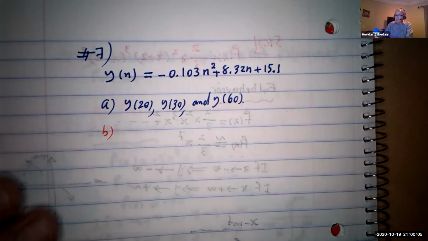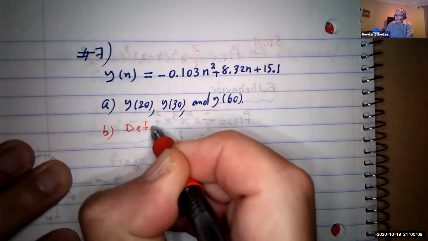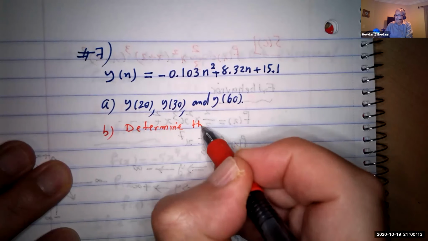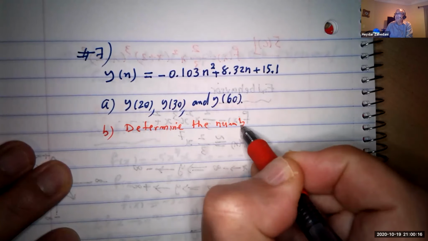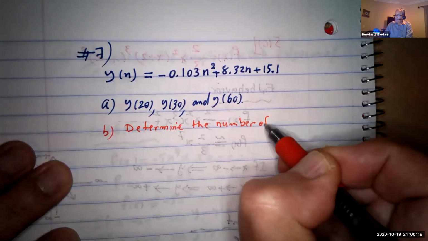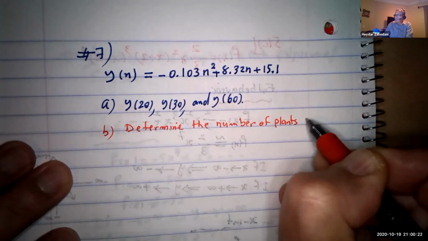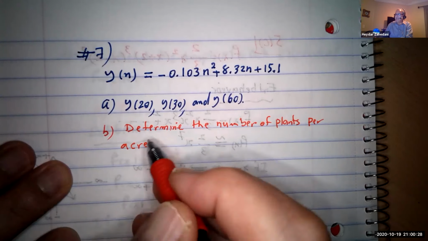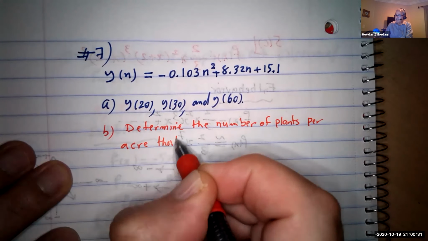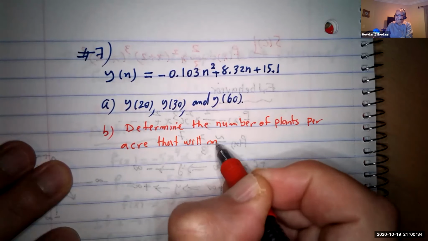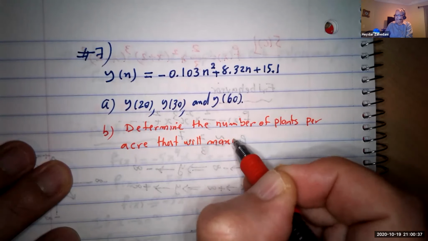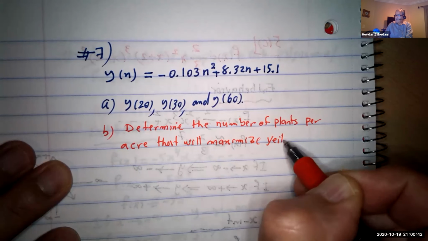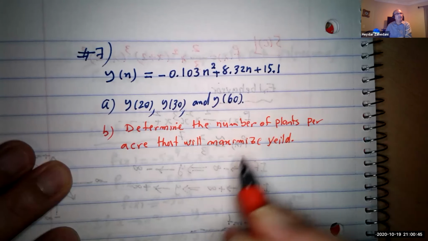You see, they ask you to determine the number of plants, meaning the value of n, the number of plants per acre, that will maximize the yield, and they ask you to round that.